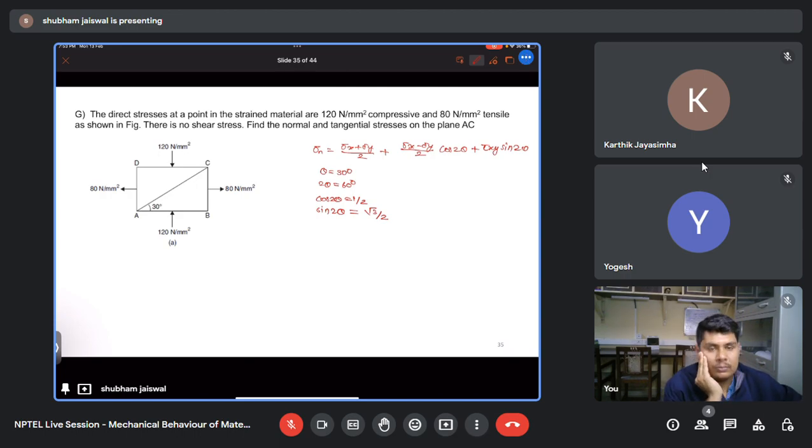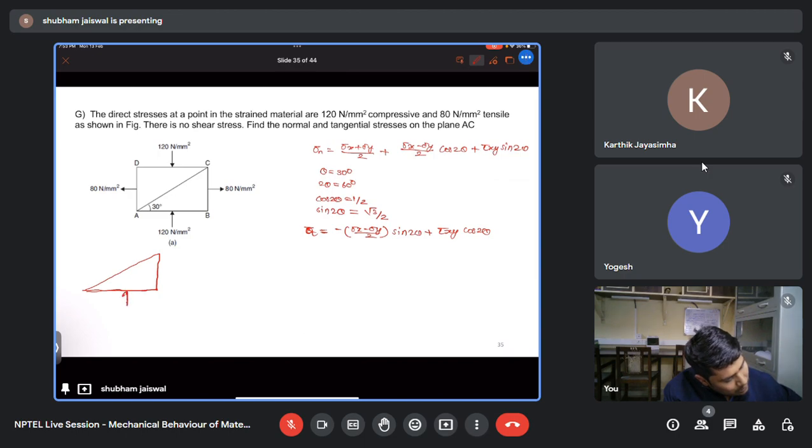And the tangential stress, sigma t, that is nothing but shear stress, is (sigma x minus sigma y) by 2 sin 2 theta plus tau xy cos 2 theta. So if I draw the free body diagram of that element, it is something like this.